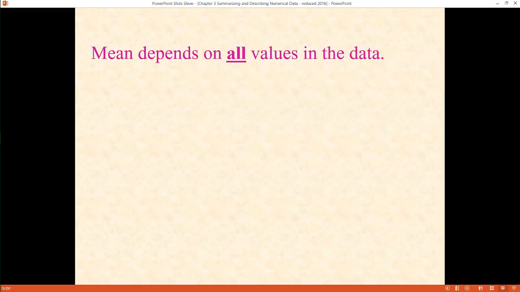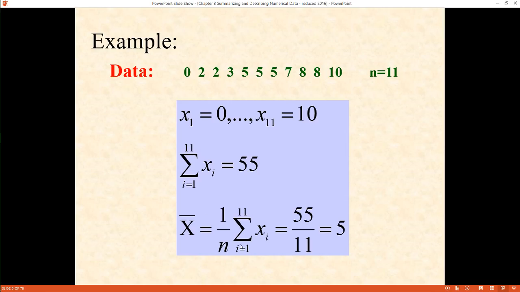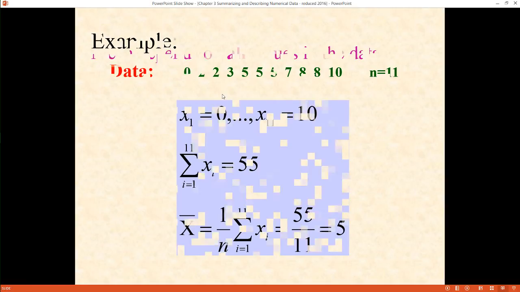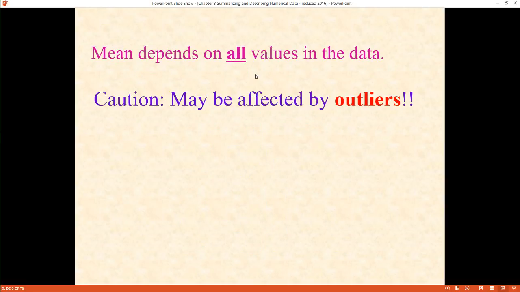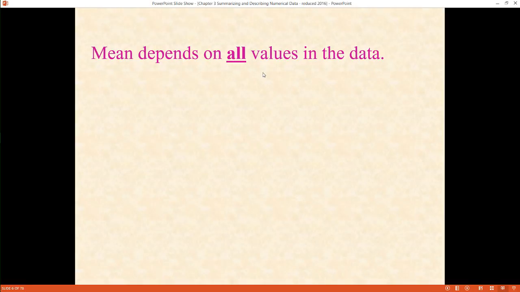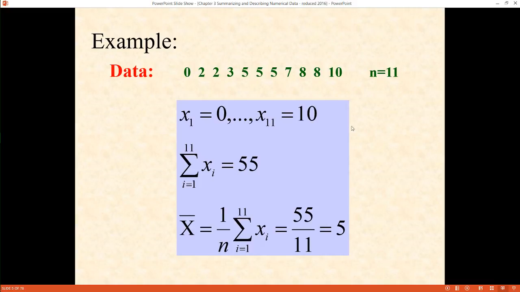Pretty straightforward. So notice it is a mathematical equation we use to calculate this, and some characteristics. The mean depends on all of the values of the data. So remember I called it a measure of central location. It's telling us the data is centered on 5 using that measure.